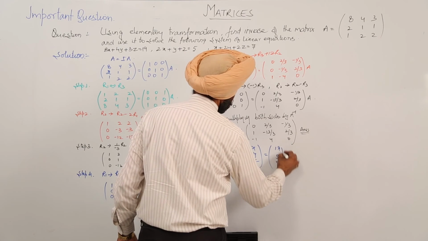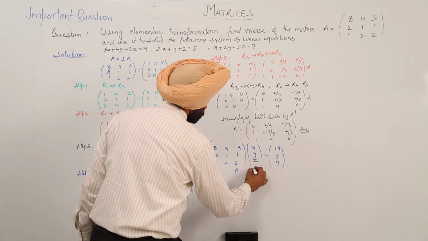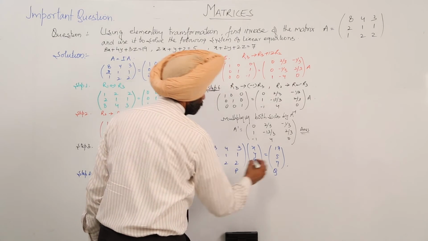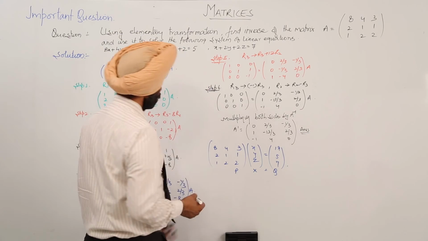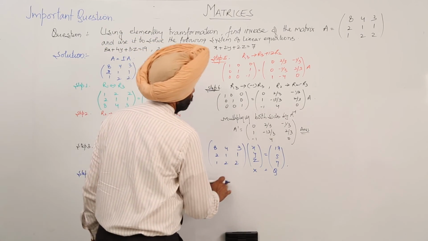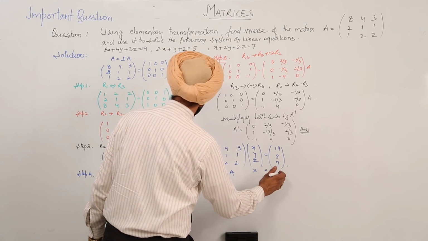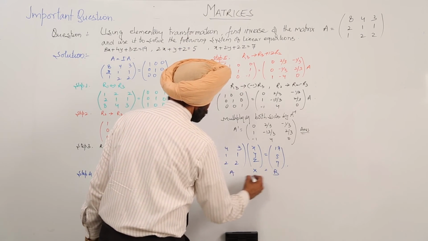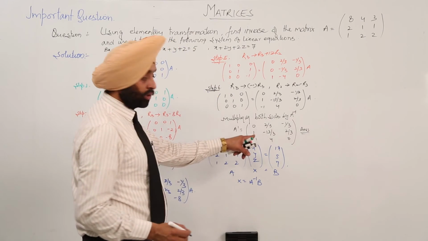So let this be A, x is equal to this is B. It is given to us, so it is A, x and let it be B. Now x is equal to A inverse B. Inverse we are already having.